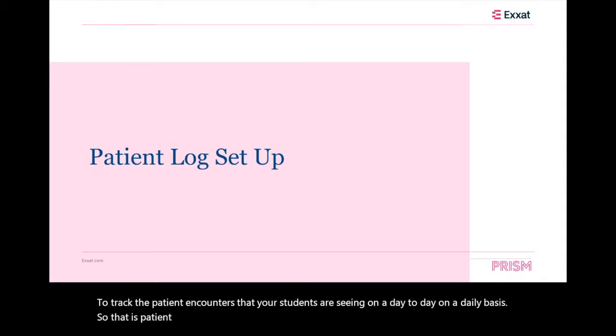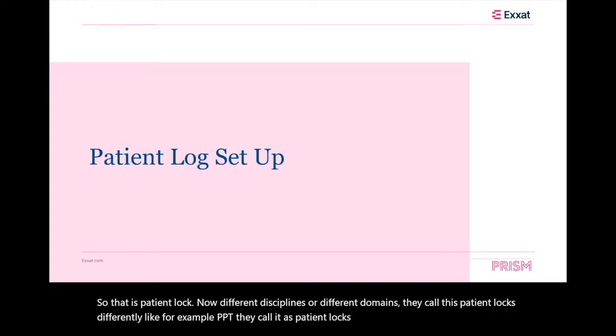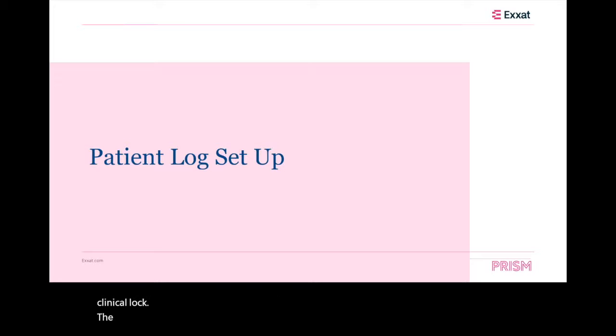Now different disciplines or domains call patient logs differently. For example, PA and PT call it patient logs. The SLP programs call it clinical log. The AT program calls it case log.